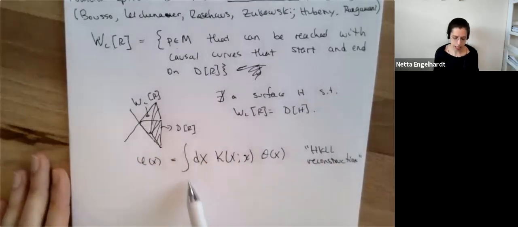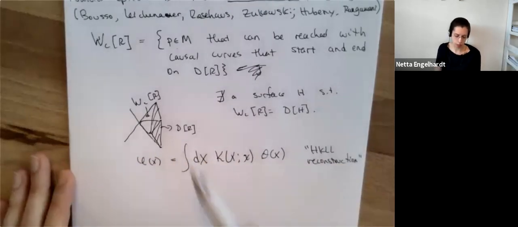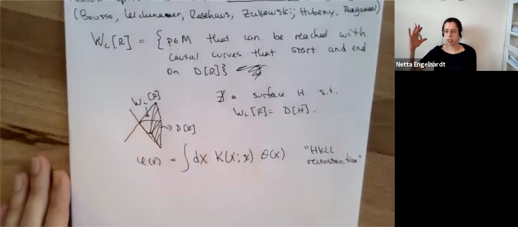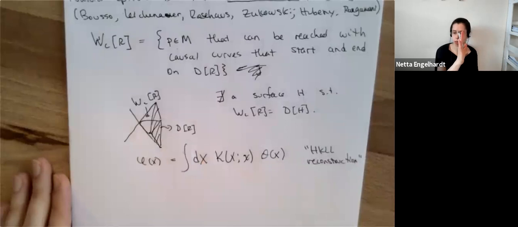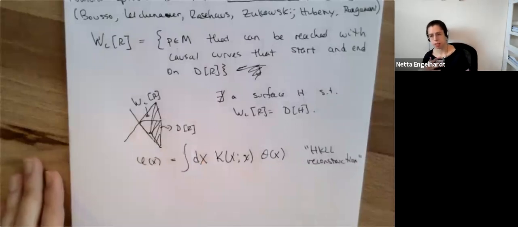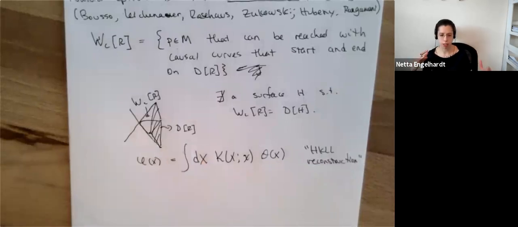The basic idea behind this really is just to specify data on this region over here, and you evolve it into the bulk. Technically speaking, HKLL is not well posed. This is not a well posed boundary value problem. Nonetheless, we seem to think that it typically works. I'm happy to talk more with any of you about the problems of HKLL.